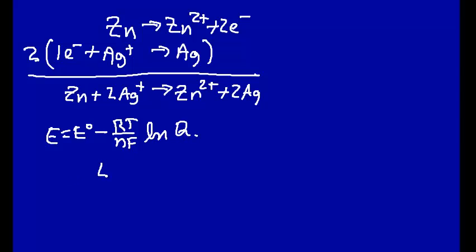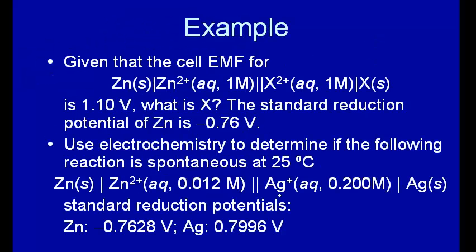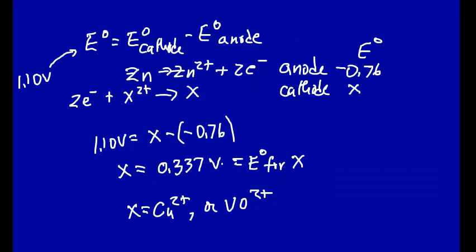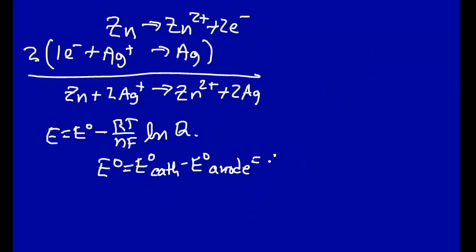All right, let's calculate some of these. E0 is E0 for the cathode minus E0 for the anode. E0 for the cathode, given in the problem, the cathode is where the reduction occurs. That's silver, 0.7996. Lots of significant figures.